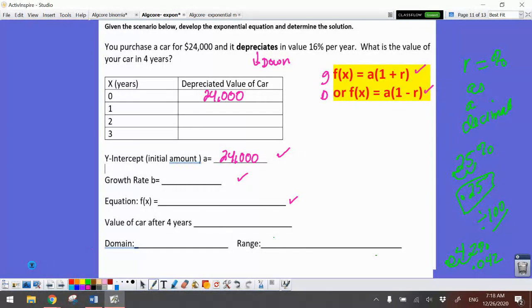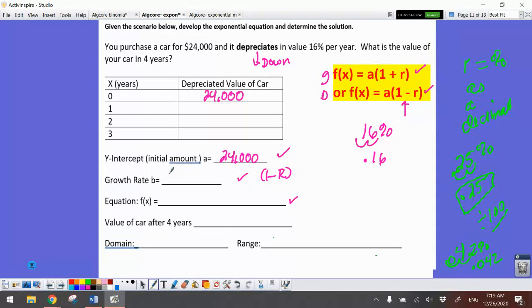Well, the growth rate, okay, if it's a decay, it means I'm going to use this 1 minus r. Well, let's change our percent to a decimal. So 16%, if I move my decimal 2 spots, that's 0.16.